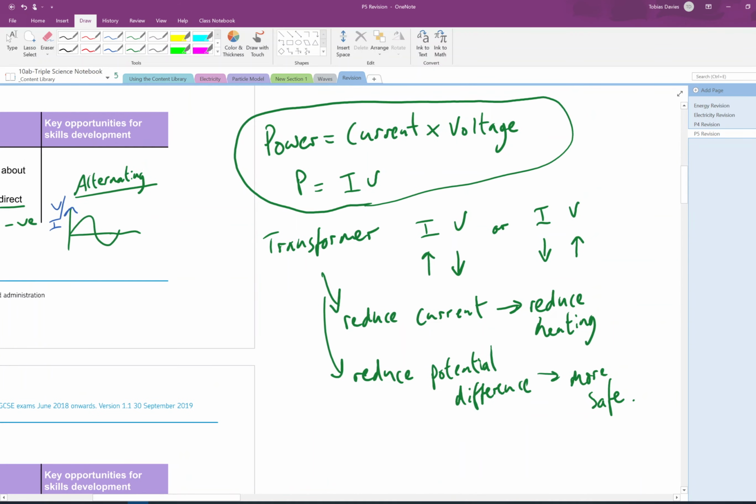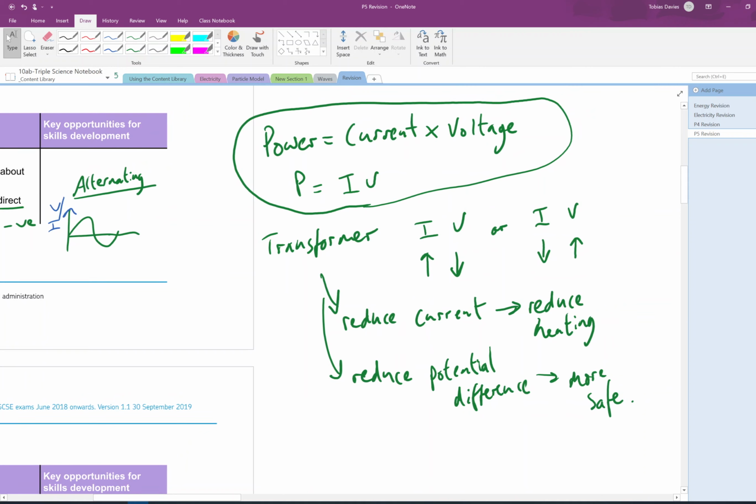Now, we use alternating current because you can put it through a transformer. And when you put alternating current through a transformer, you end up with the ability to increase the current, or you can increase the voltage. Okay, so because power is current times voltage, you cannot increase both of them together.